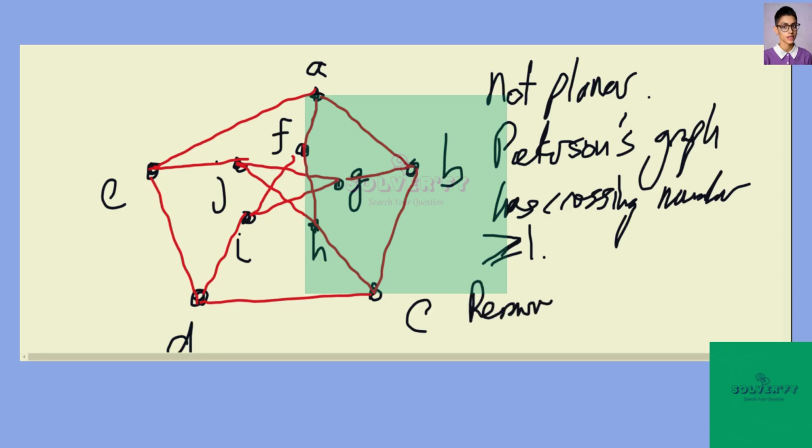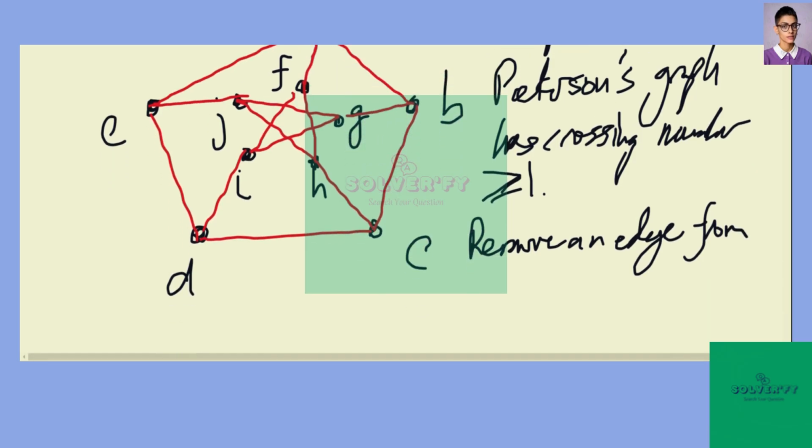Now, suppose you remove an edge from the graph. The graph will not become planar because the graph will still contain a subgraph homeomorphic to K33.